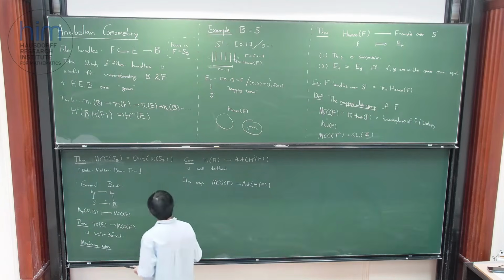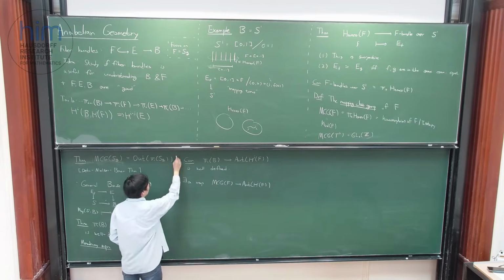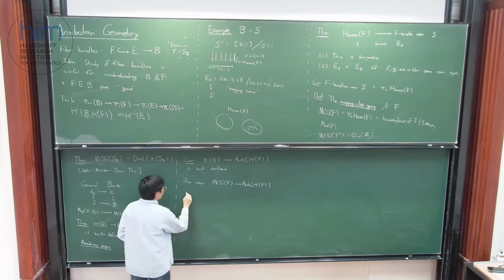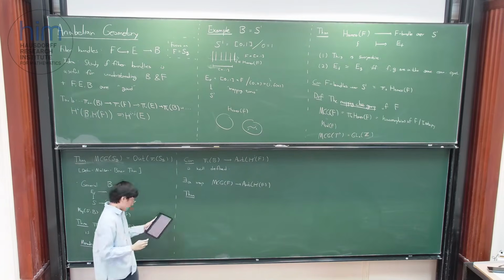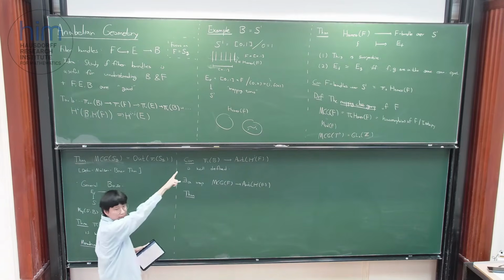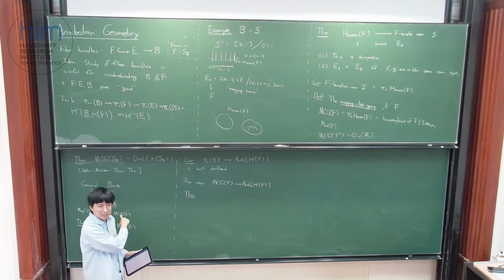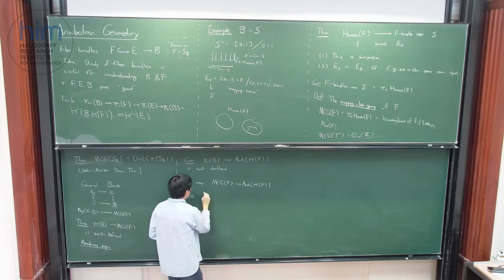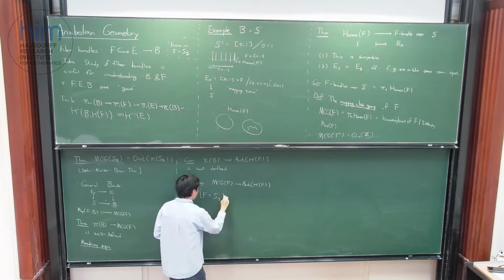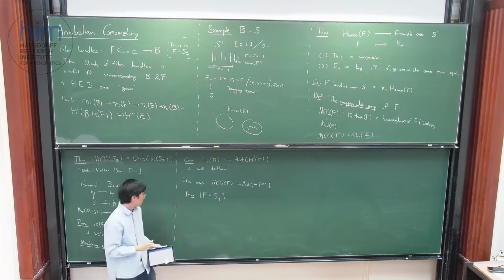The answer is somewhat surprising, at least to me. The theorem is that, as in the case of S^1, this monodromy representation is a complete invariant of the fiber bundle when F is a surface, I mean, a compact orientable surface.